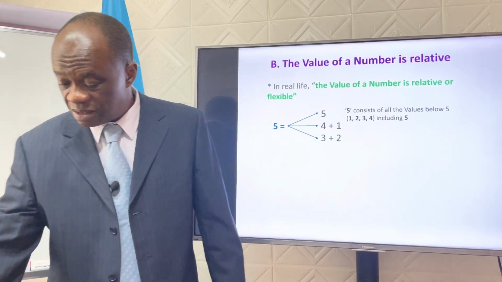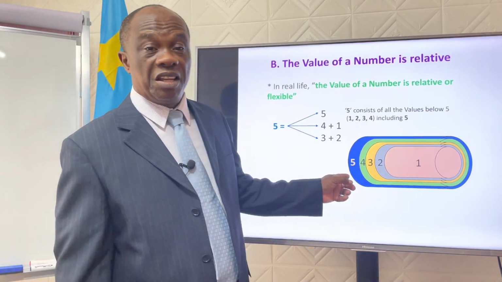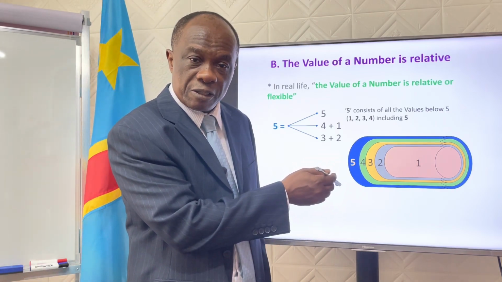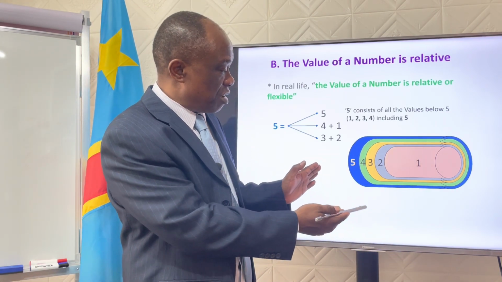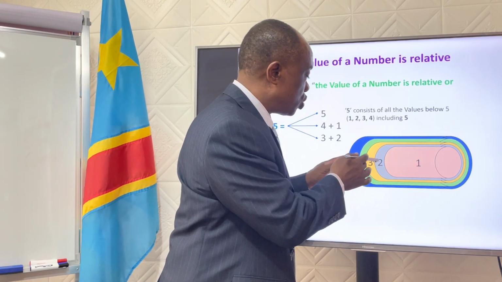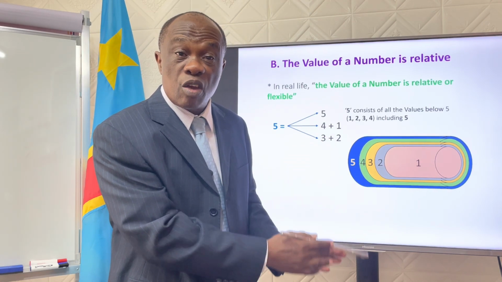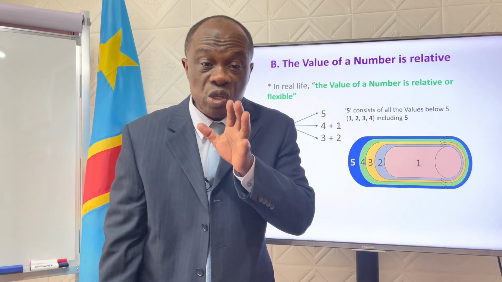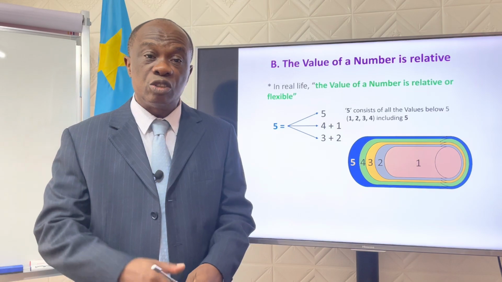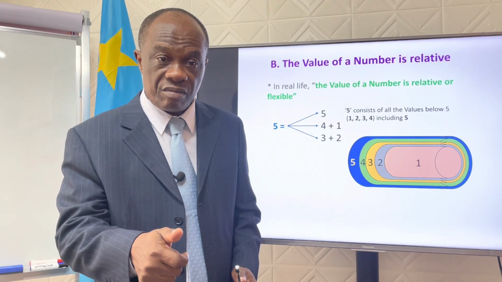So it means 5 is like this. Inside 5, you have all these values, which are 1, 2, 3, and 4. Therefore, 5 is not just 5. 5 means 1, 2, 3, 4, 5.